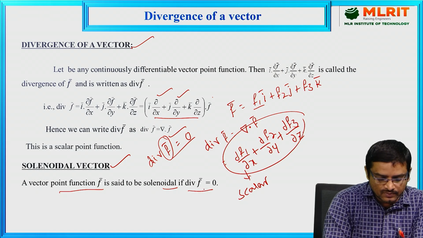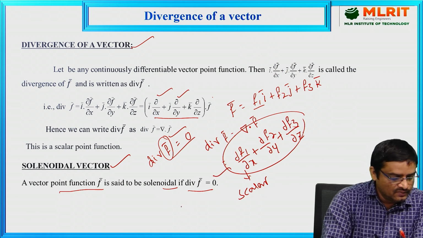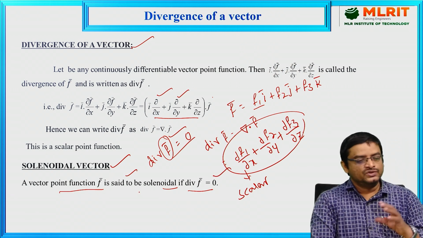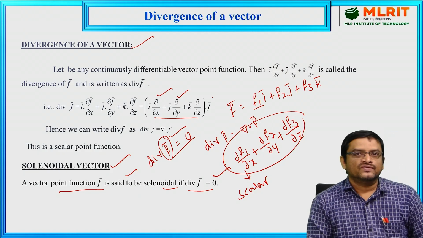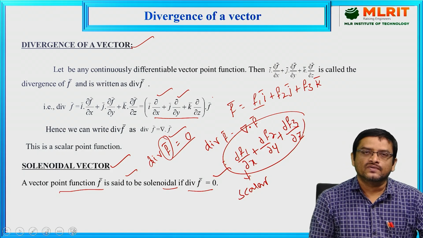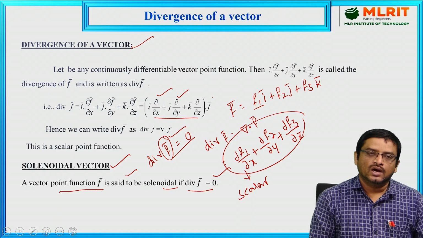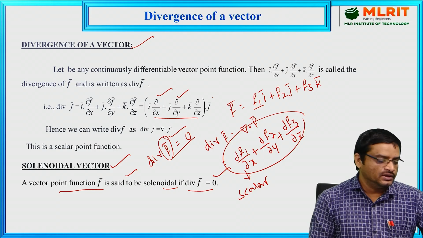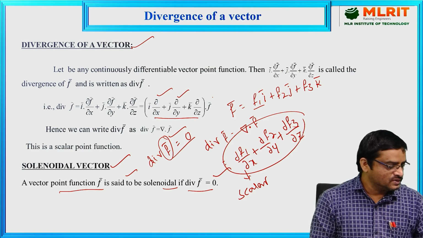So these are the two definitions we have to consider: one is finding the divergence of a vector point function, and the other is how to say that the given vector is solenoidal. Now on these two concepts we will take some problems.